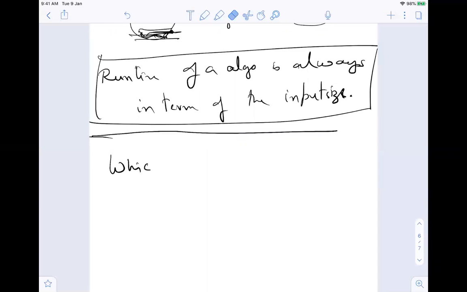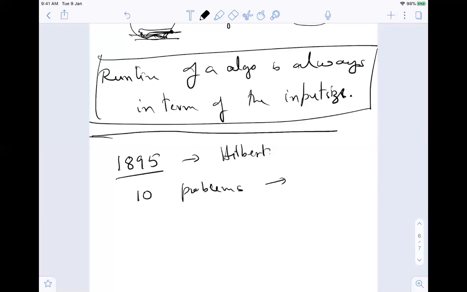So in 1895, Hilbert gave 10 problems, or 10 or 20, I think. No, I think 10 problems. He specified these as the guiding problems for the next 100 years.